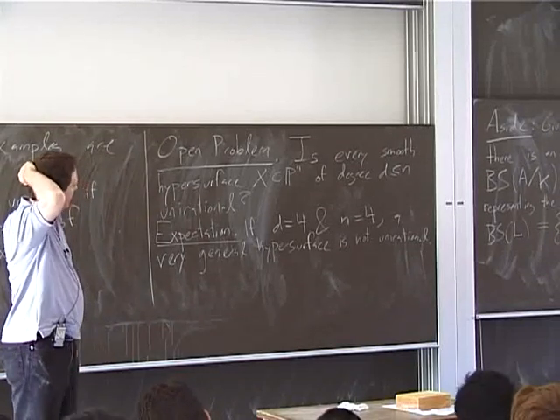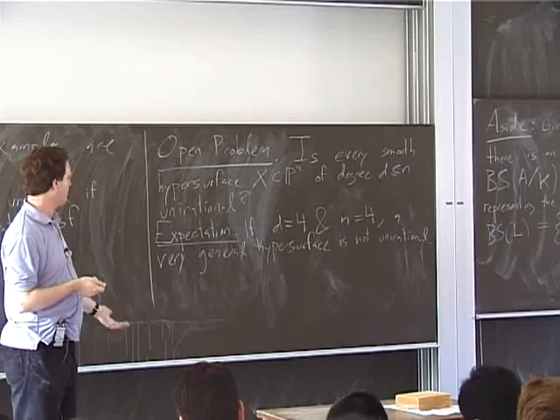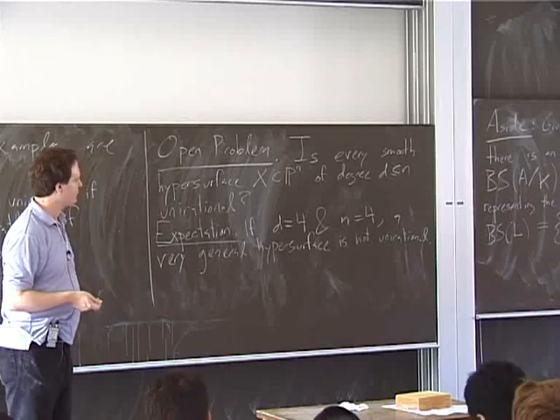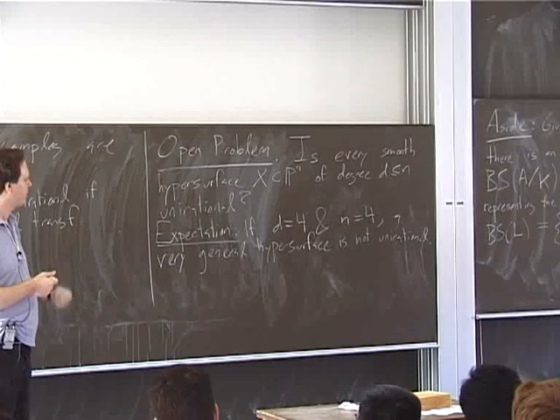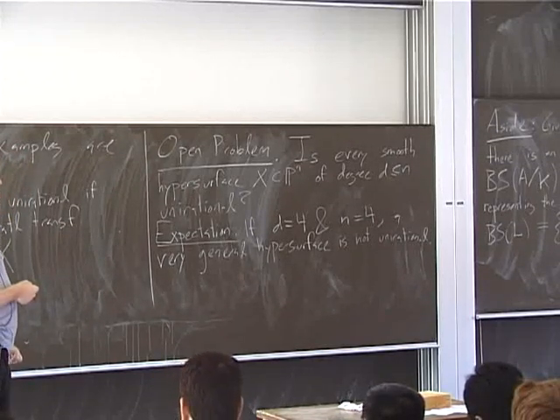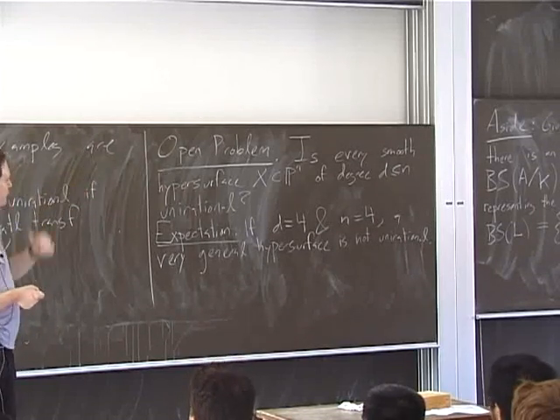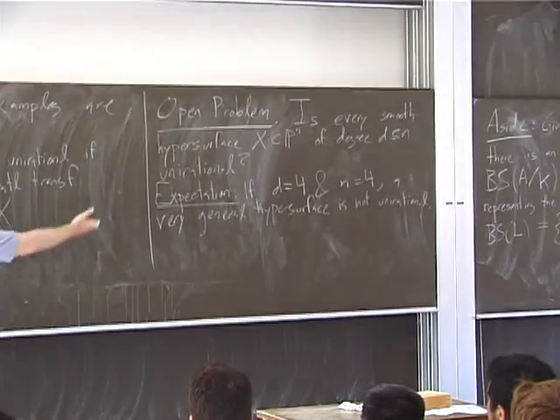When d is bigger than n, the Kodaira dimension is non-negative, and every unirational variety has negative Kodaira dimension. When d is less than or equal to n, these do have negative Kodaira dimension, so that doesn't rule it out. You keep going through the list of invariants, and every time you think you've got a way of proving that this variety is not unirational, it turns out that the invariant doesn't distinguish between these hypersurfaces and unirational varieties. So this is a very frustrating problem, but this is what people expect.